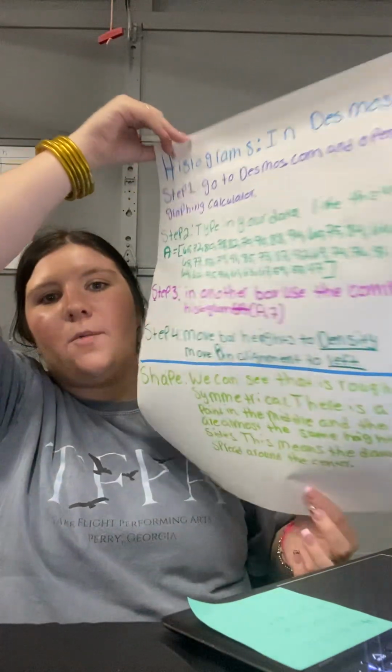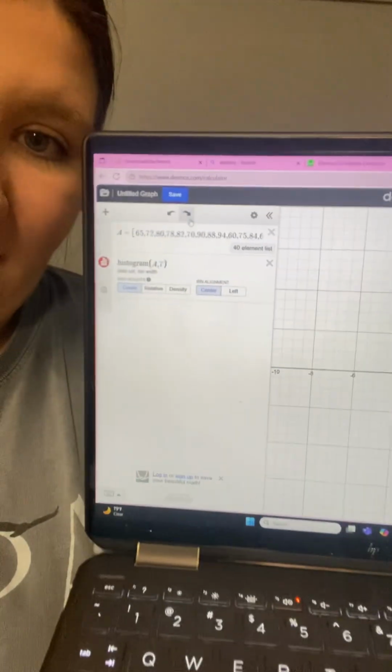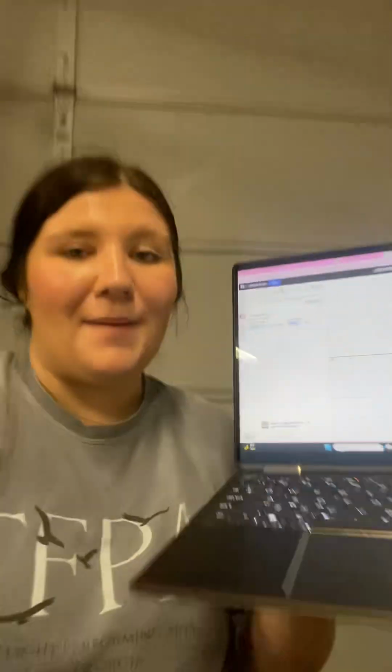I would write that on our paper where we could see it and go back, because this is a place that I struggled with. I feel like my students would struggle with it too, because I capitalized the H. I would make sure they know that you are not supposed to capitalize the H, or it will not work. Then I would show them mine and make sure that theirs looks like mine does.